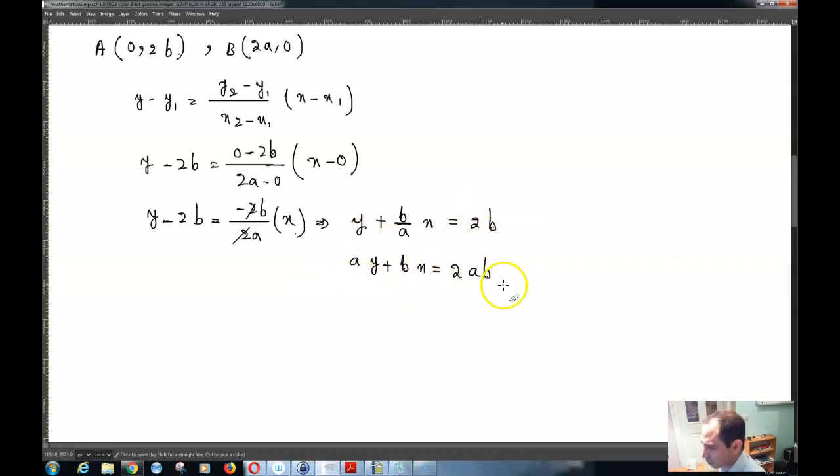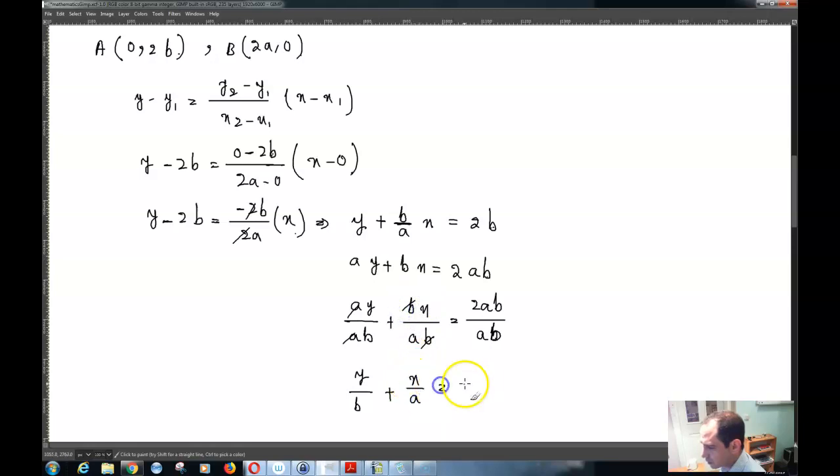And if you divide the whole equation by ab, you will get ay divided by ab plus bx divided by ab is equal to 2ab divided by ab, and so the a and a cancel out. y divided by b plus x divided by a is equal to 2, and that's what we wanted to show here.